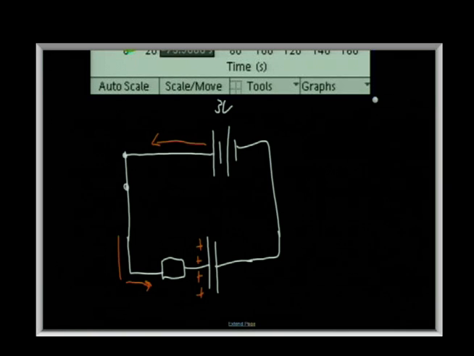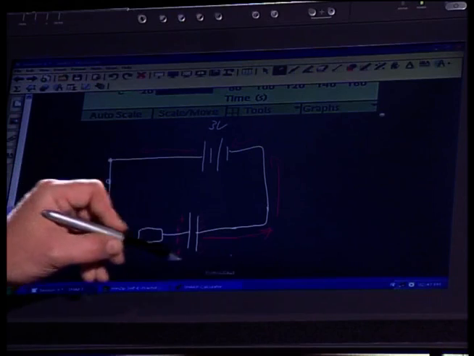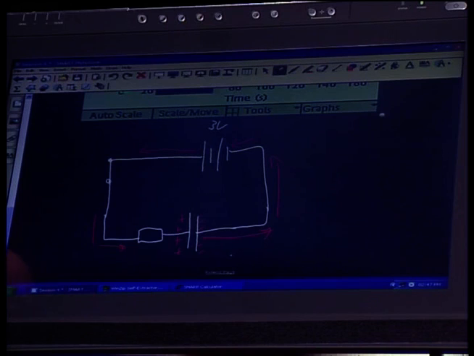And in that same way, it pulls away positive charge here. And if it pulls away positive charge here, in a sense, it leaves behind extra electrons, negative charges on that terminal. So we've got negative charges over here and positive charges over there.